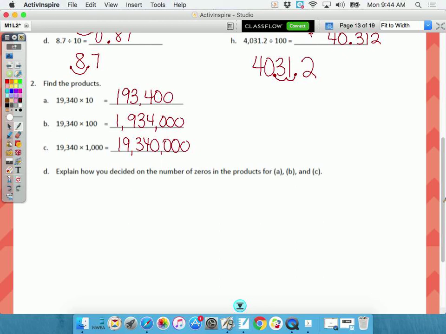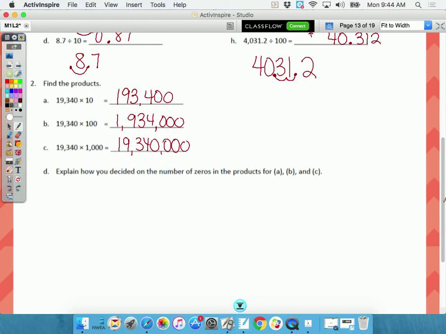Okay, so the digits shift to the left, one place value each time. How did we decide on the number of zeros? Did you visualize the place value chart? I didn't. Did you visualize the place value chart? Yep.